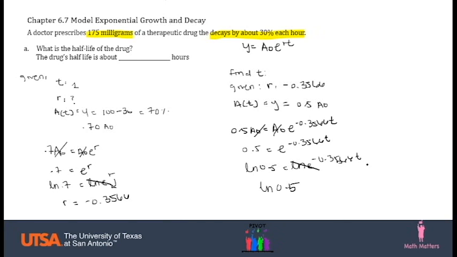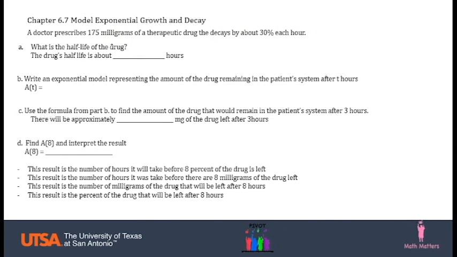And because we're trying to find t, we're going to divide both sides by negative 0.3566, which equals t. And then if you plug that into your calculator, t will equal 1.94. So the answer for part A is going to be 1.94 hours.